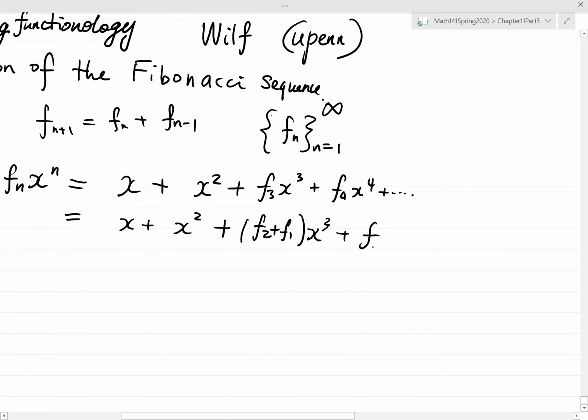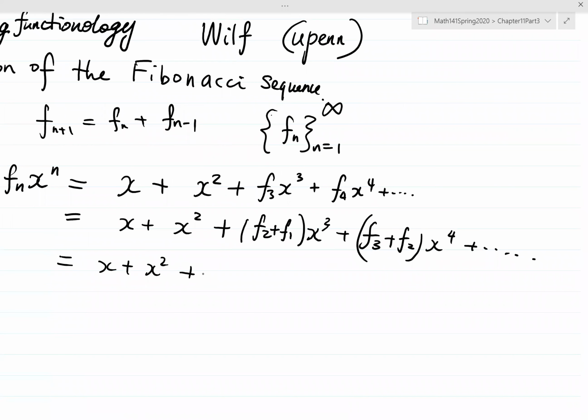Then f4 is f3 plus f2, times x to the power 4, etc. Now, if you use algebra, this will be x plus x squared plus, if you expand, f2 x cubed.